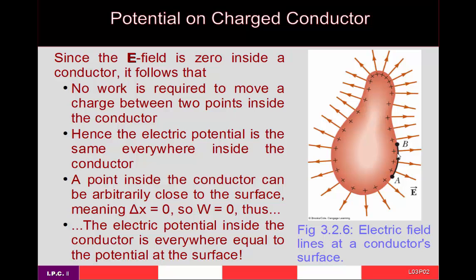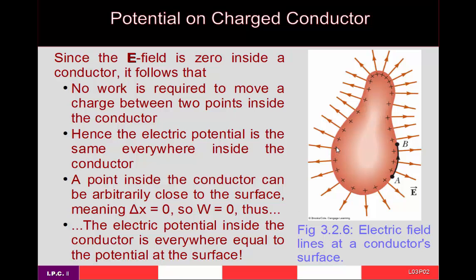And we also know that no work is needed to move from one point somewhere inside the conductor to some other point somewhere inside the conductor. So the question is, how do we know that inside is at the exact same potential as the surface itself, which is sort of the boundary between inside and outside? And the way that we know is this.